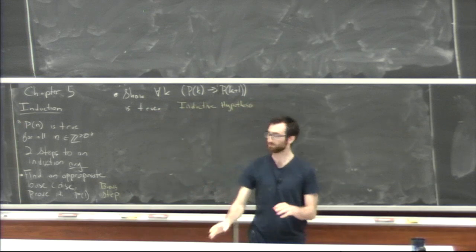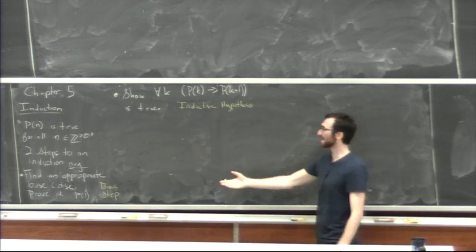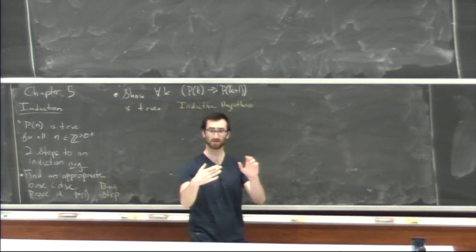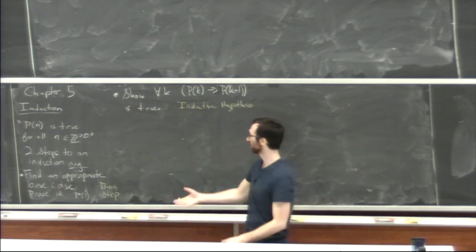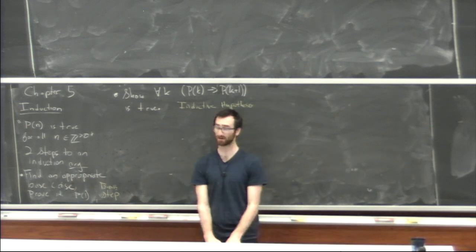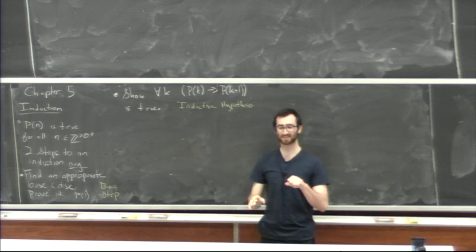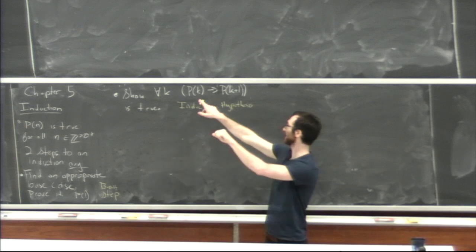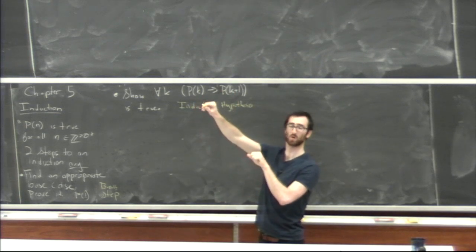The book has a nice metaphor where they describe the base case as getting onto a ladder, say some infinitely or maybe even just finitely high ladder. The base case is stepping onto the ladder, proving the bottom rung of the ladder, and then showing the inductive hypothesis is like showing that if you can grab onto rung k of the ladder, then you know how to grab onto rung k plus 1 of the ladder.